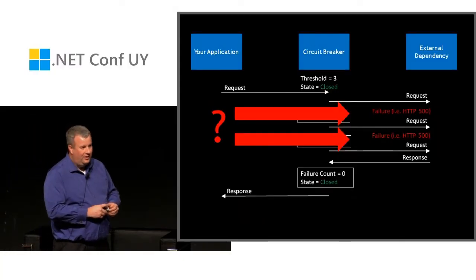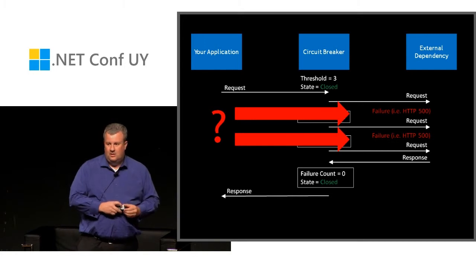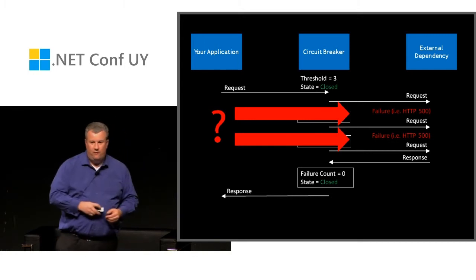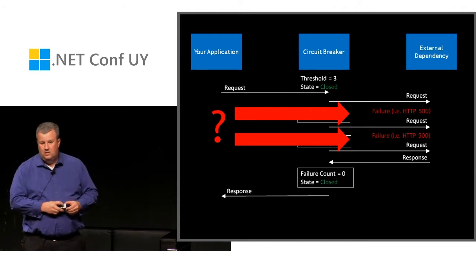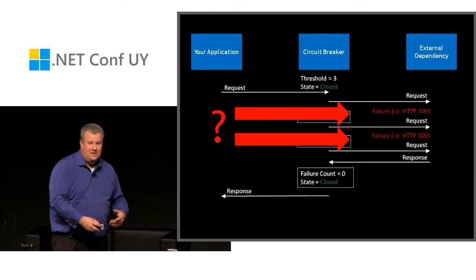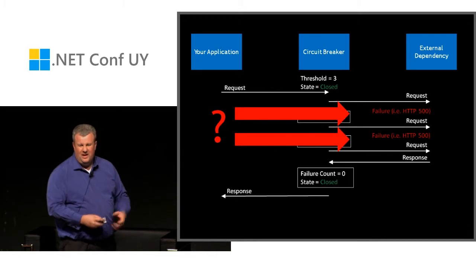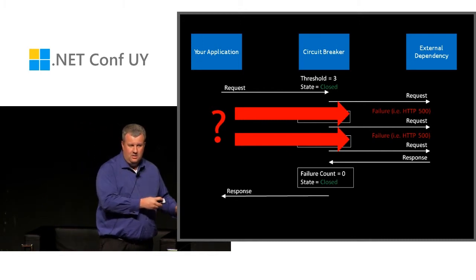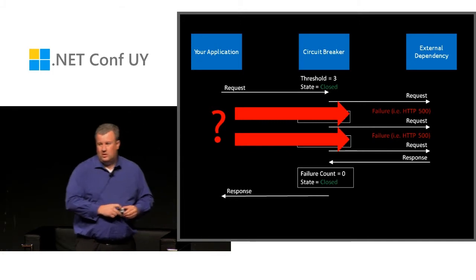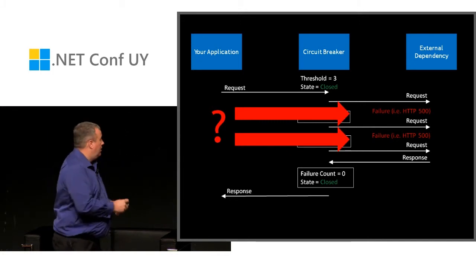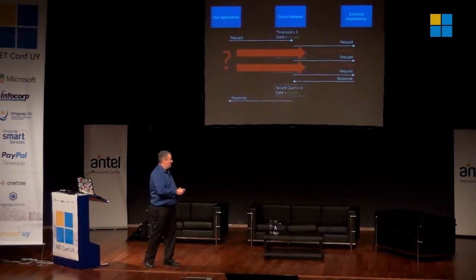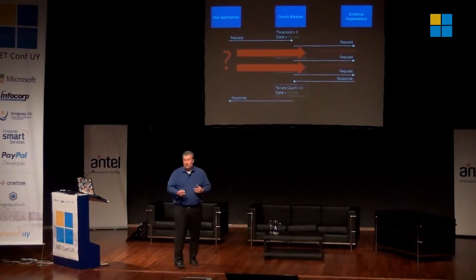What if you have a really flaky network, and it's dropping packets, and instead of 500s, you're getting 404s? But it looks like the application's working good. Every so often, somebody might get an error, but most of the time, it looks like it's working good. We're not returning back the exception to the application here, so we don't know about it. These are still important, and we've got to figure out how to deal with them.